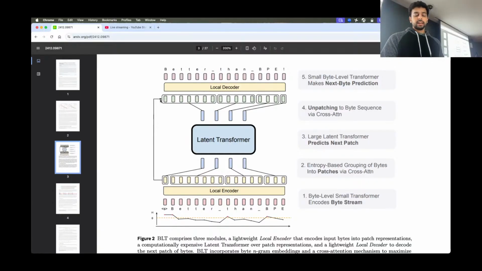The thing you have to do now is project this back into the byte level sequence, so I get back these 12 vectors. And then I'm predicting at the byte level as well. Given the start of sequence token, I'm predicting the byte associated with the character capital B.